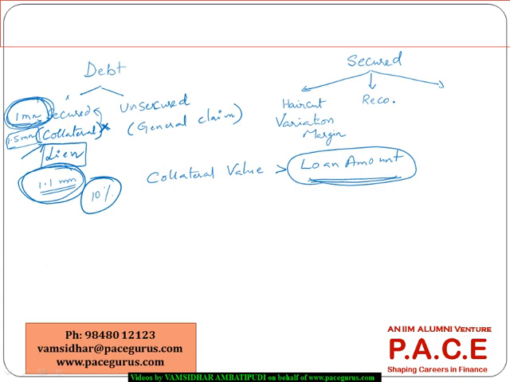Then the other term that we need to understand in this process is recourse. Does the lender have any kind of access to the borrower's personal property, access to a borrower's personal properties in case the collateral is insufficient?